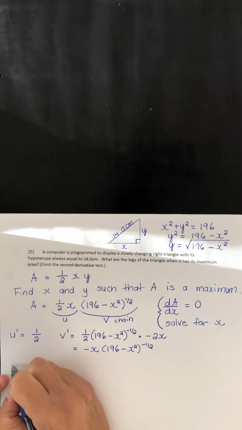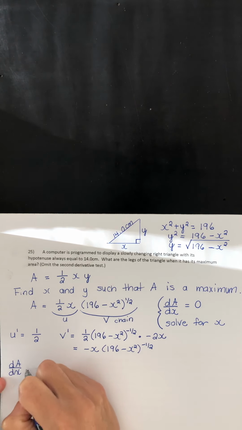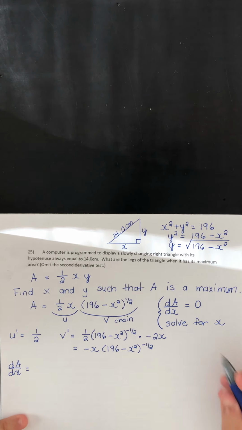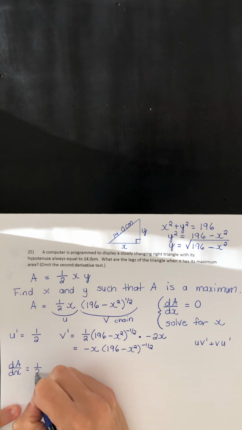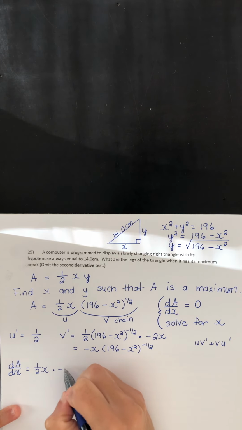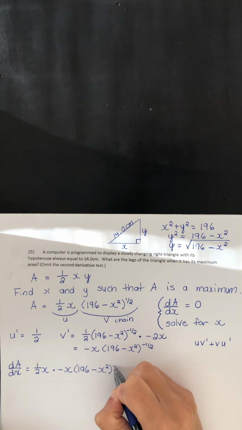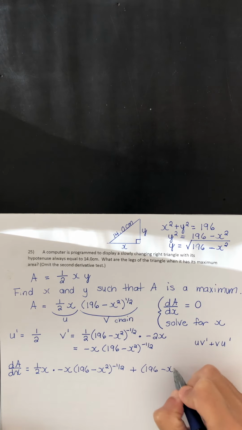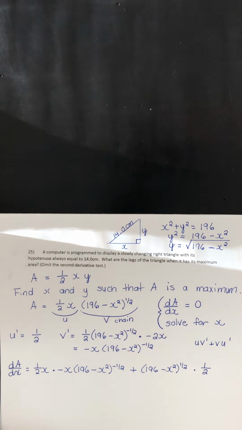And so now when we're writing down the derivative of area, we have to use the product rule. Do you remember how that goes? That's uv prime plus vu prime. So u times v prime plus v times u prime, like that.